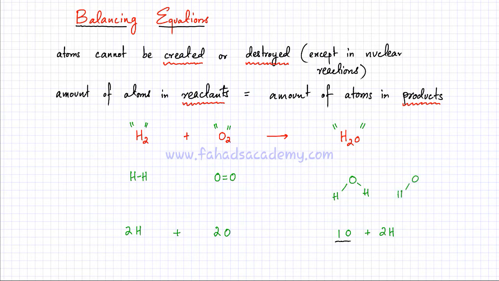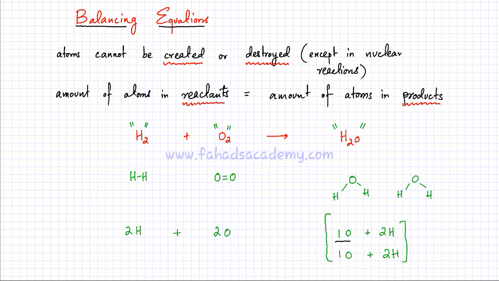So if I have another water molecule, now I have another oxygen atom and I have two more hydrogen atoms. So now the total amount of oxygen is correct. I have two oxygens on my left hand side and two oxygens on my right hand side. The only difference now is that there are four hydrogens over here. So I need to change the number of hydrogen atoms.